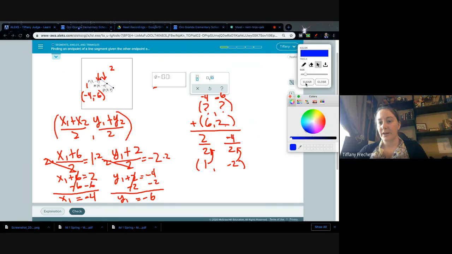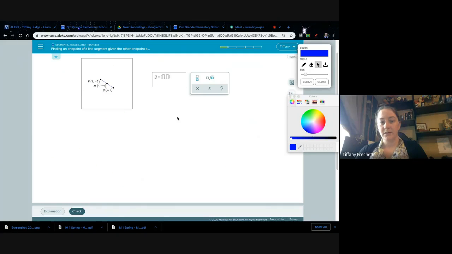And I feel like changing up my color here. Clear. Okay, so again, you can set it up where you have 0.1, 0.2, and you can go x1, which is 1, plus x2, which we don't know, it's a question mark, divided by 2, and that's going to equal this x, the x portion of the midpoint coordinate, so 4.